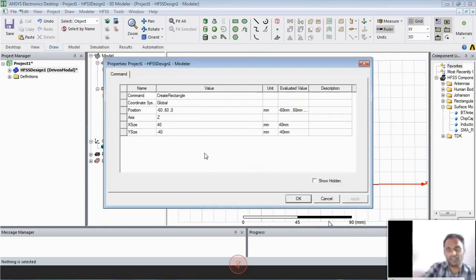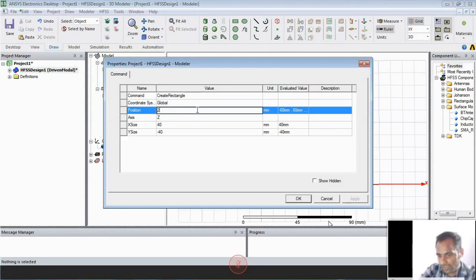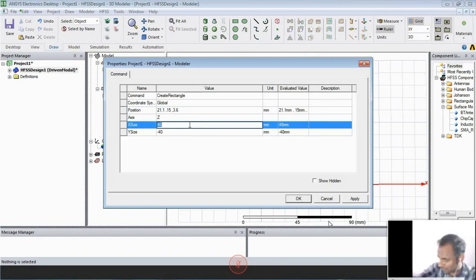Then go for the questionnaire. In that questionnaire, I actually told one thing, the formula for how to make a position in the middle of that rectangle. Okay. Here the formula is Lg minus L divided by 2, comma Wg minus W divided by 2, comma H, the total thickness value. Based upon that calculation, we got 21.1, comma 15, comma 3.6, my exact frequency range. And then my length of the substrate is 27.3 mm.